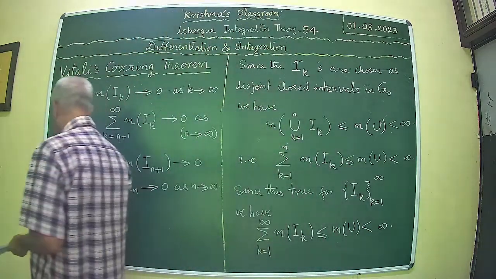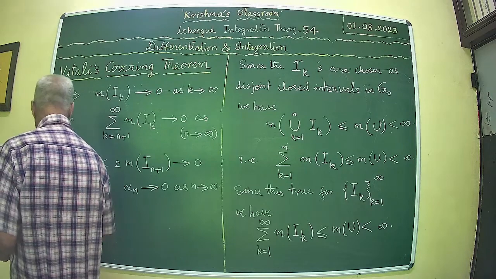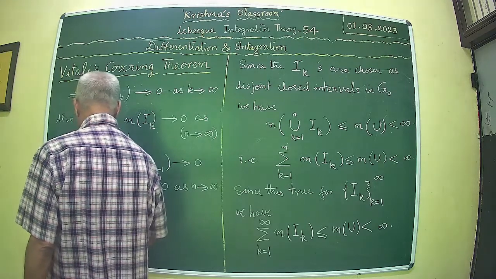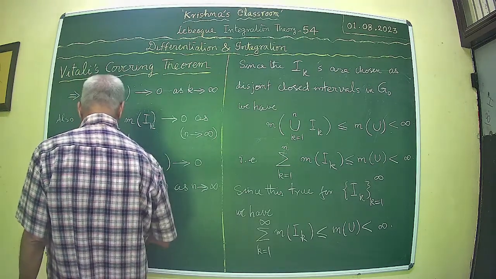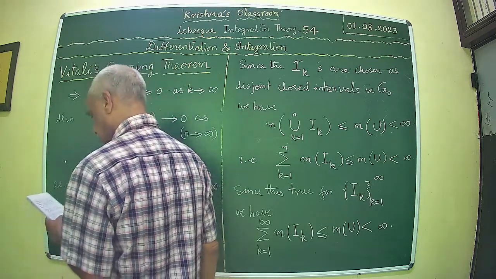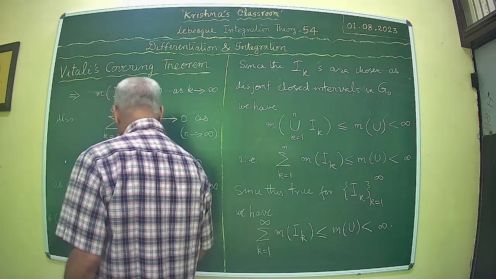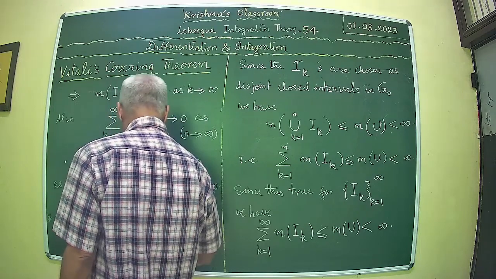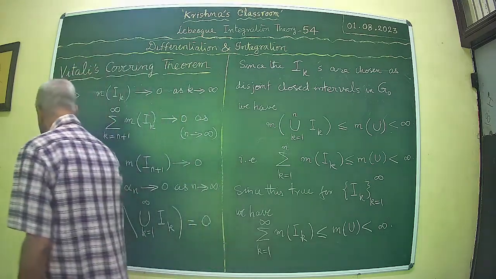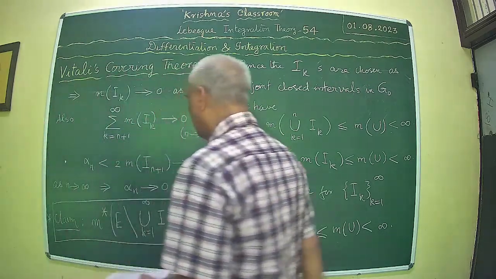So now what we are going to claim is this. How do we work on this?